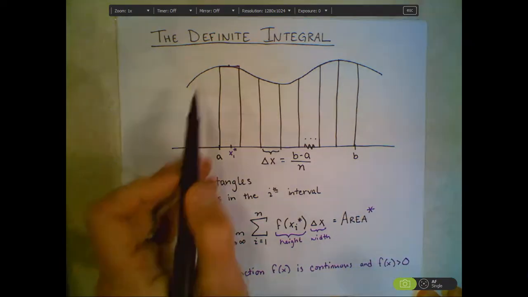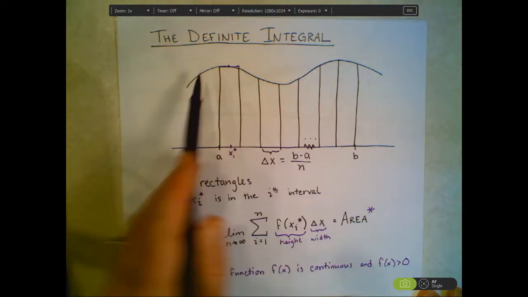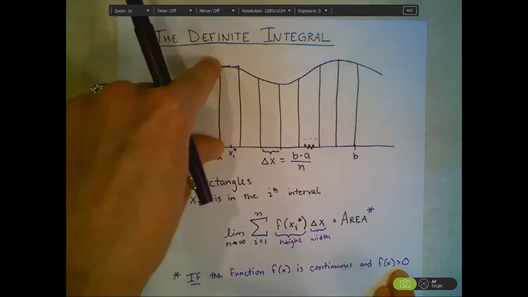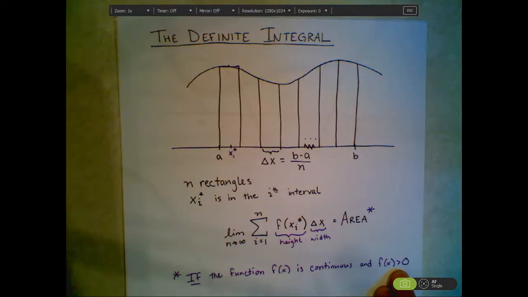Meaning if we have some nice smooth curve, then we know that our rectangle heights are going to work out the way that we want them to. And we want this value to be an area value. It means that we can only consider positive heights, right? But this function might take on positive or negative values. And if it does, then that's exactly what we call our definite integral.